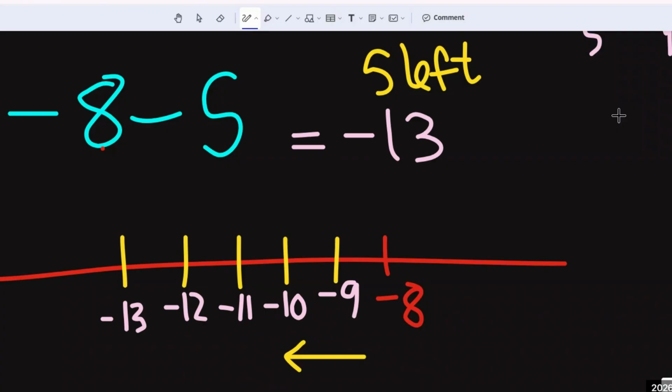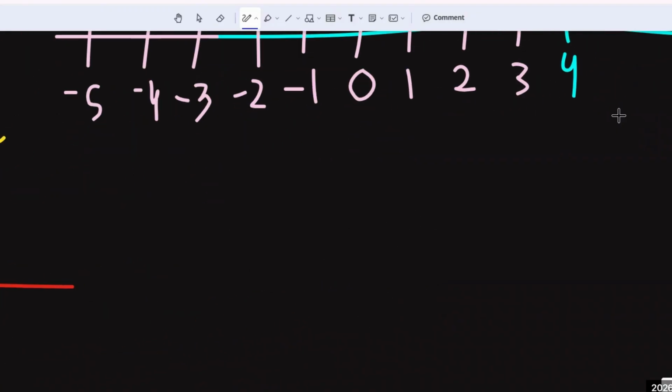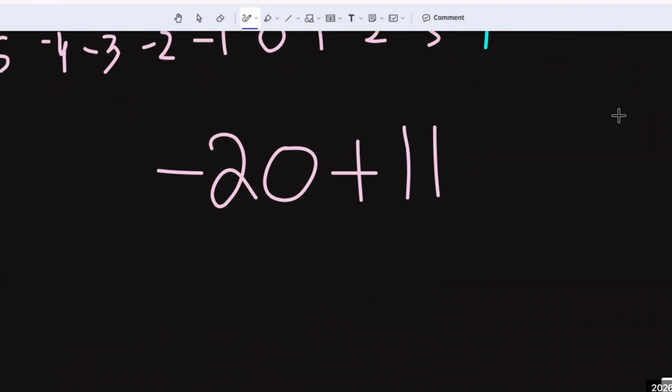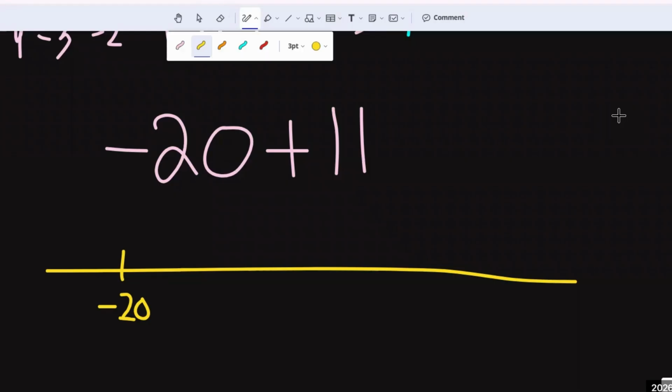We can do some questions with positive numbers as well, just to make sure you understand. Let's suppose you have a question, -20 plus 11. Your first digit is -20, so plot -20 on the number line. Whatever the first digit is, you need to plot on the number line. But right now this is plus 11.